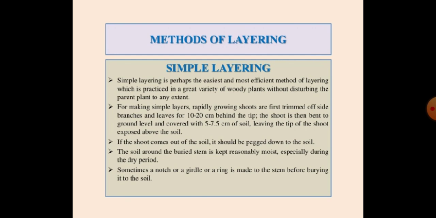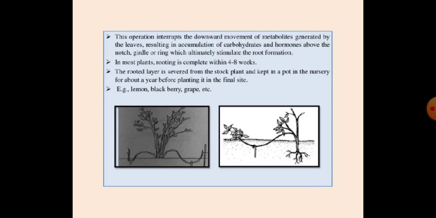The shoot is then bent to ground level and covered with 5 to 7 cm of soil, leaving the tip of the shoot exposed above the soil. Sometimes a girdle or ring is made on the stem before burying it in the soil. An example of simple layering is lemon.